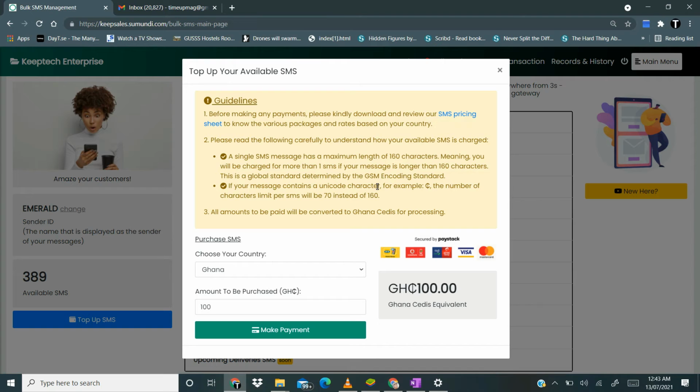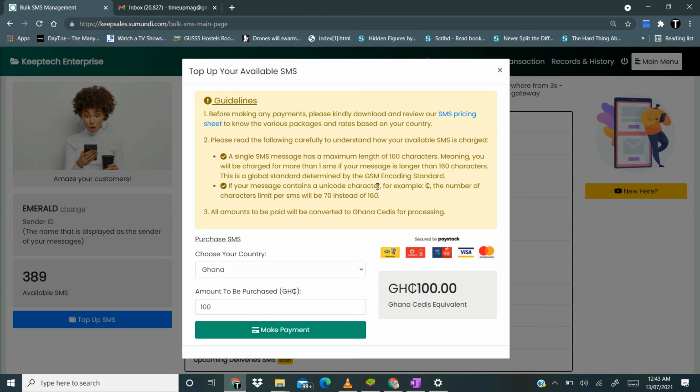So you are entitled to just 160 characters. If you exceed 160 characters, you've gone beyond a single SMS message. So you have to take note of that. And like it says, it's a global standard determined by the GSM encoding standard. So it's a standard everywhere in any country that you find yourself. That is the standard for measuring what a single SMS message is.